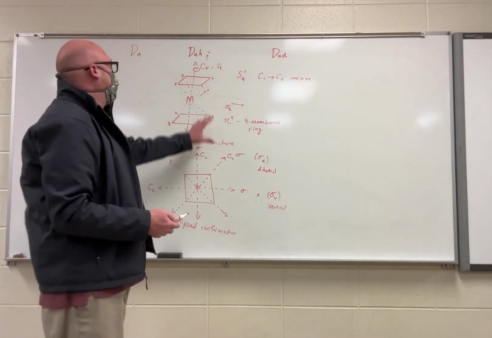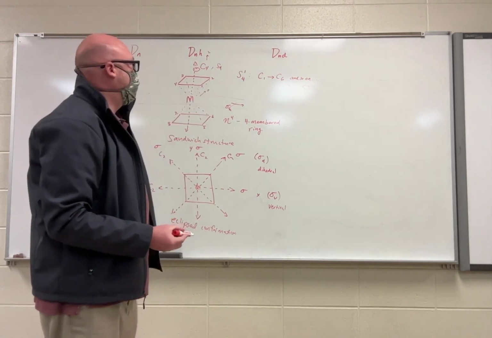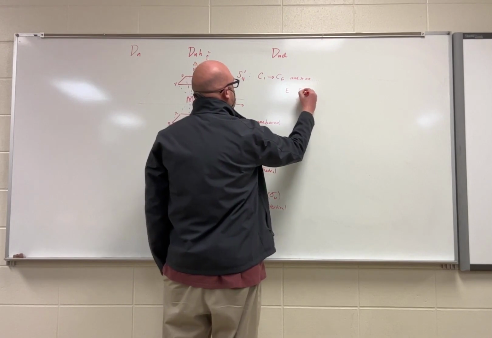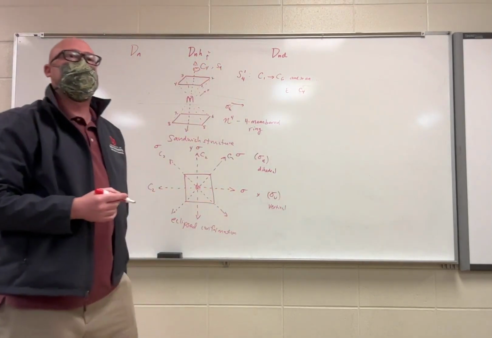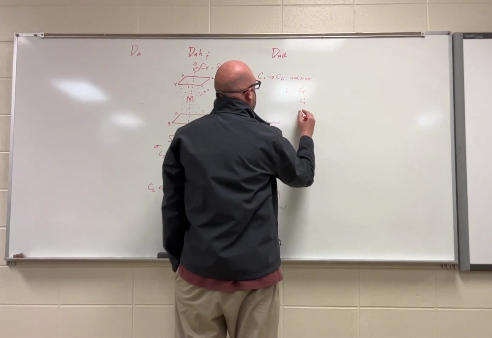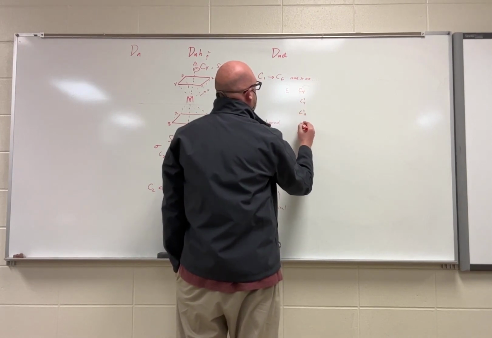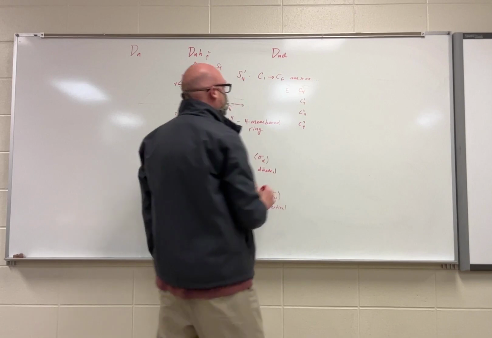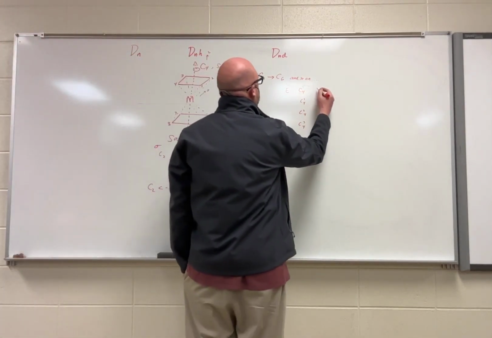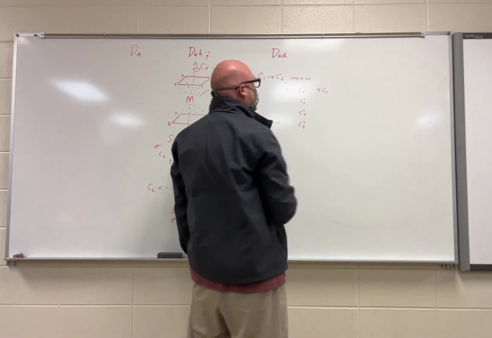So then all of the symmetry elements present include E, the C4 axis, which generates, of course, the C4^1, C4^2, and then C4^3, right? We have four C2 axes, right?